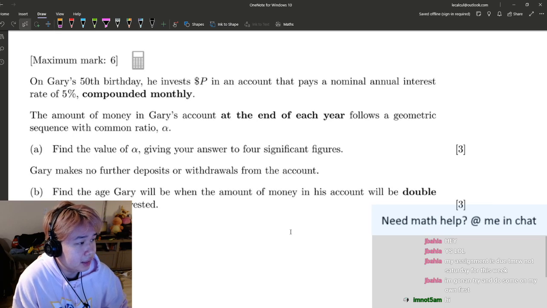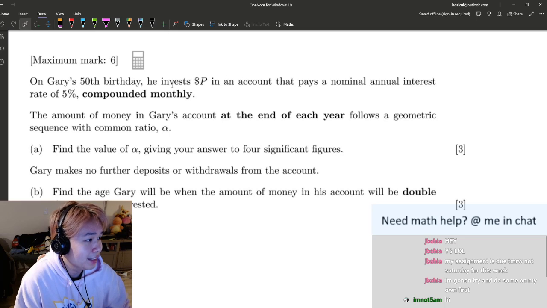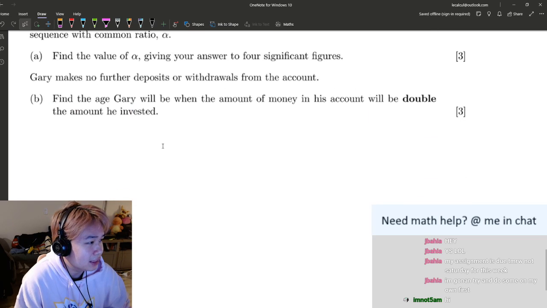Okay, Gary has a 50th birthday, so he starts to invest now when he's close to retirement. So he invests P dollars at 5% compounded monthly, find out, and then the amount of money at the end of each year is a geometric sequence, some common ratio, which we'll call alpha. Find alpha given your answer to 4 significant figures.